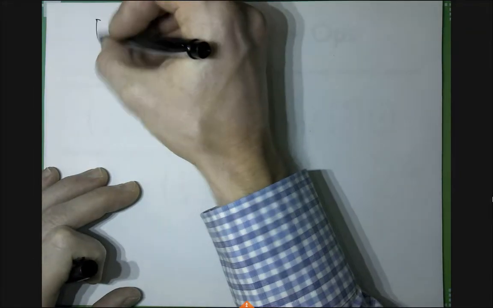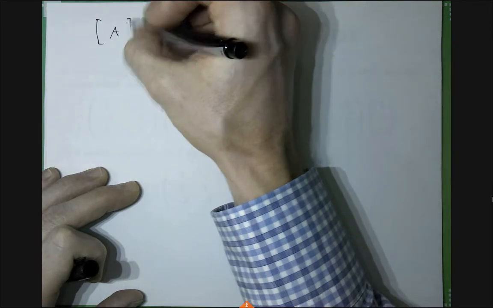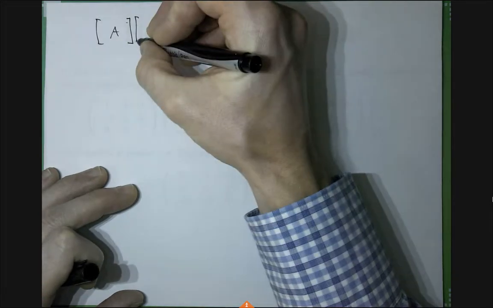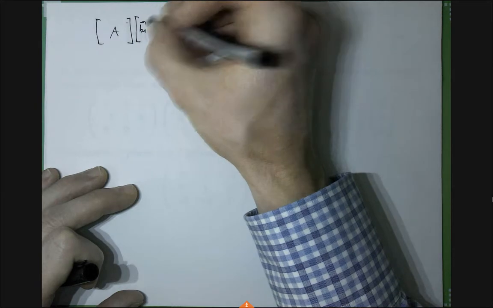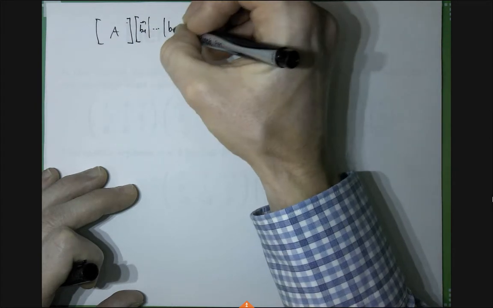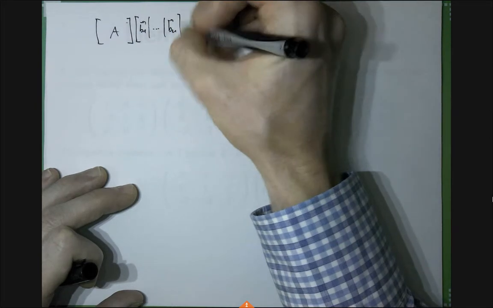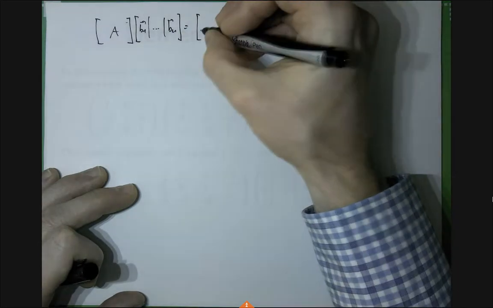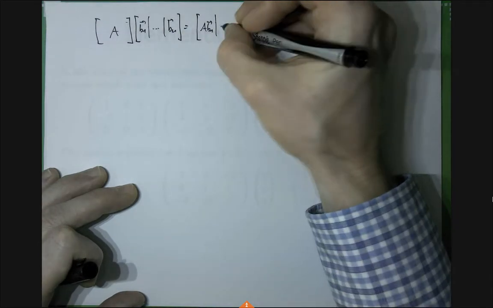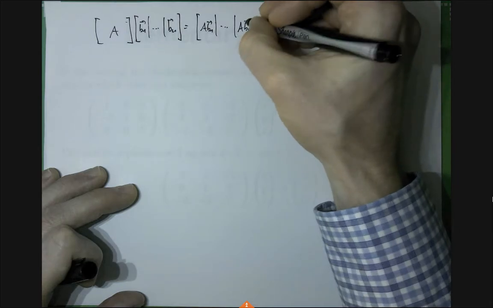I guess one way you can look at it is like this. We had matrix multiplication before, right? So you know that if I have a matrix A, applied to vectors, I don't know, b1 to bn, then the result is Ab1 up to Abn, right? I can also look at it the other way.